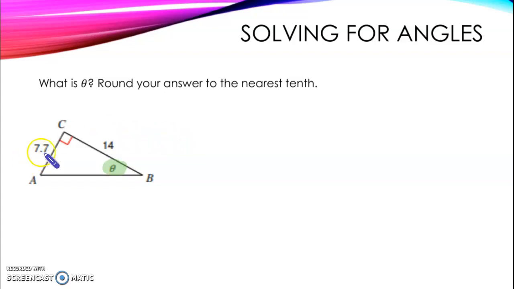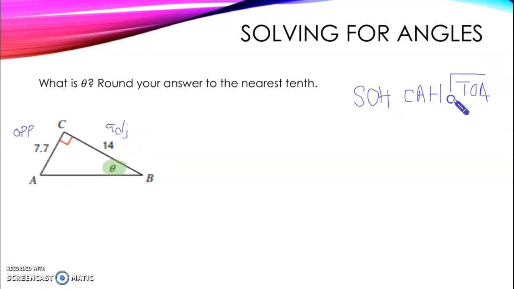So we have 7.7, which is the opposite side of the triangle. We have the 14, which is adjacent to angle B. And the side that we don't know is the hypotenuse. But referencing SOHCAHTOA, we want to pick a trig function that is going to involve the two pieces of information that we already have, which is opposite and adjacent, which means we're going to be using TOA for tangent.